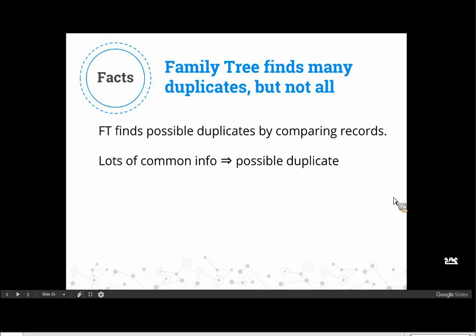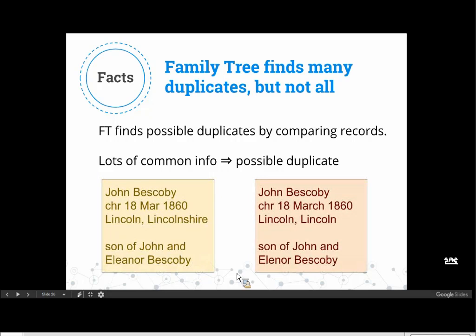Here's an example. On the left, I've got John Bescobie. He was christened on the 18th of March, 1860 in Lincoln, son of John and Eleanor. Here's a variation on that record in Family Tree. It has the exact same christening. The location is slightly different. We're missing the shire on the end of Lincoln here, and the mother's name is spelled a little bit differently.